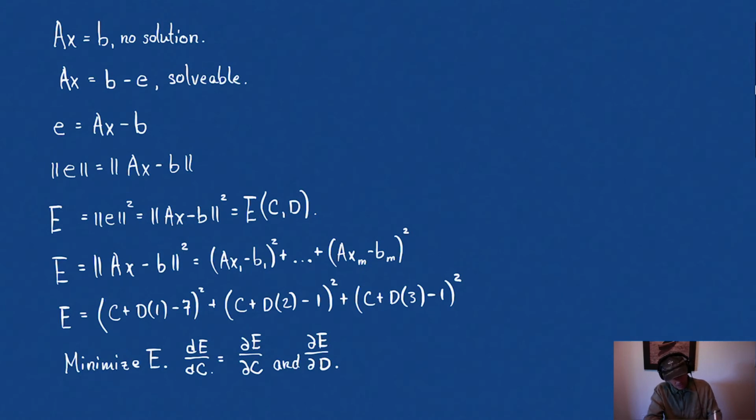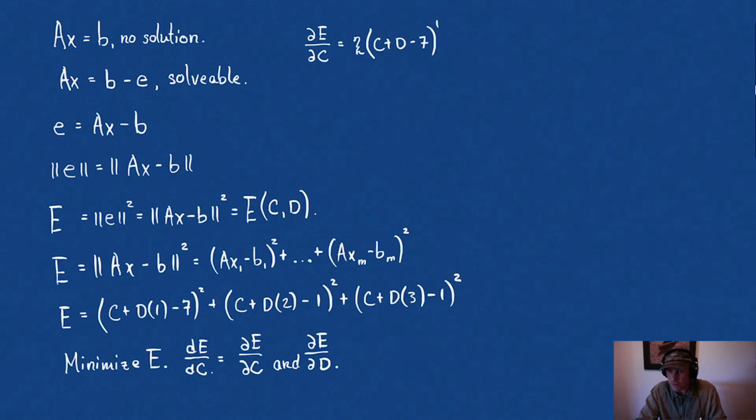So what we do is we're going to take the partial derivative of e with respect to c. So what that means is that only c is a variable. D is now treated as a constant. So here we go. I'm going to write this as 2 times what's inside. Well, that's c plus d minus 7, to the first, times the derivative of the inside.